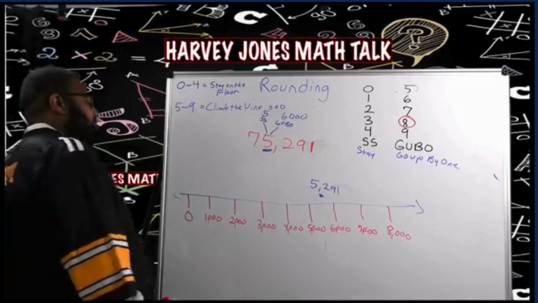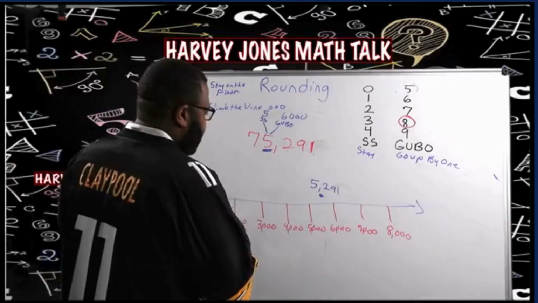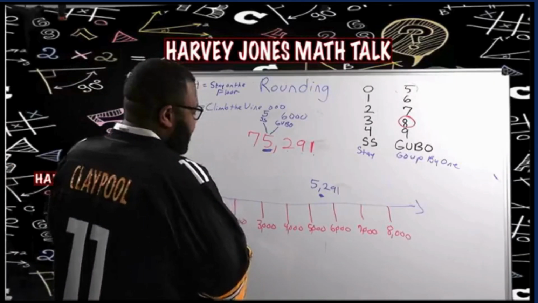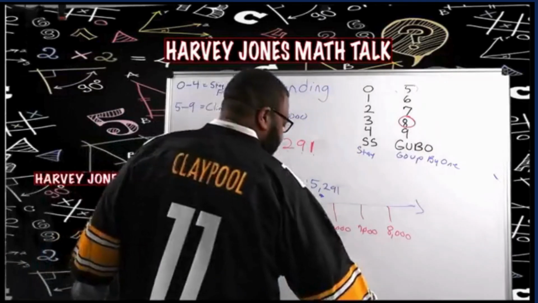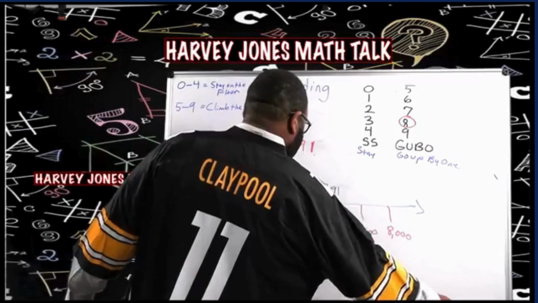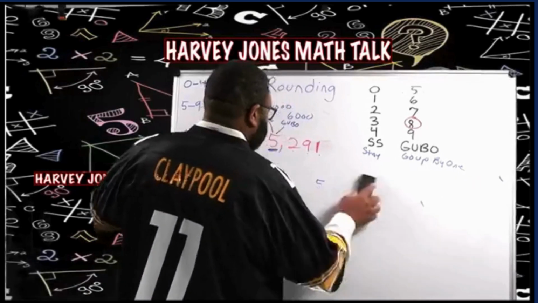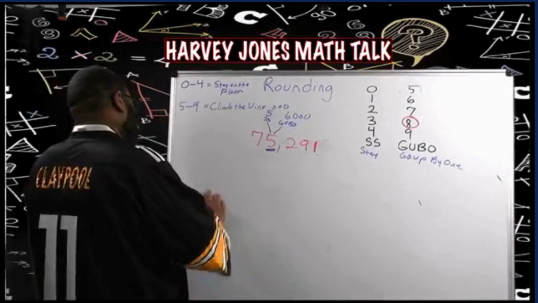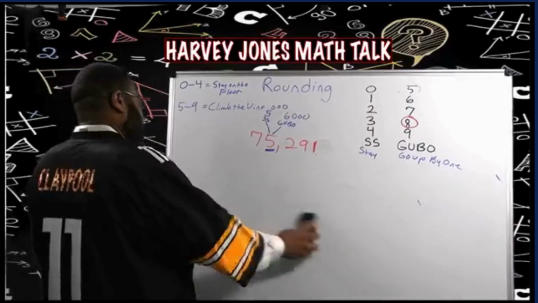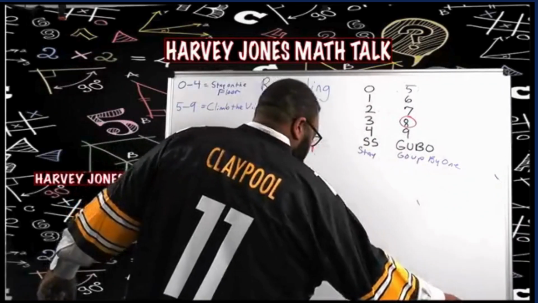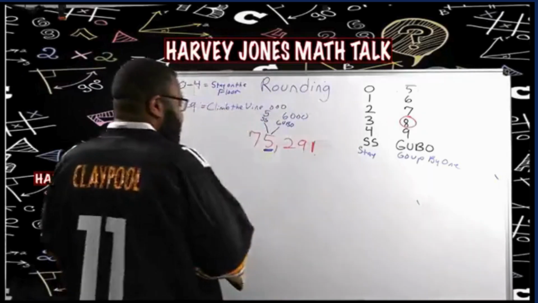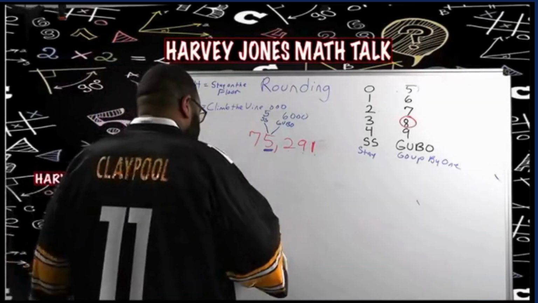So this is when we want to take a look at our number line. I want to switch this up just a little bit, since we know it is between 5,000 and 6,000. All right, don't get all upset, but watch this. All I'm going to do is draw a little hill.